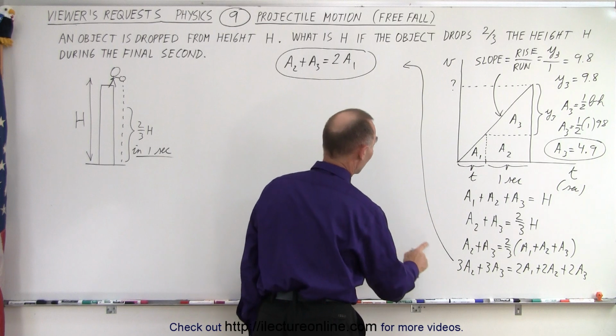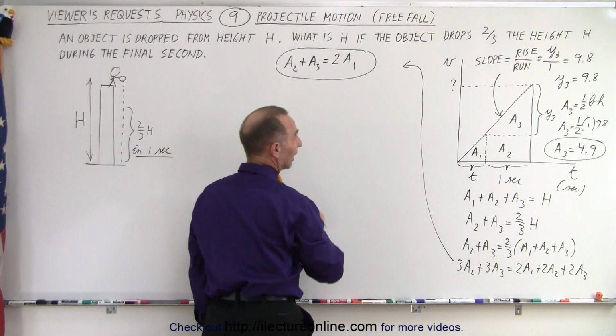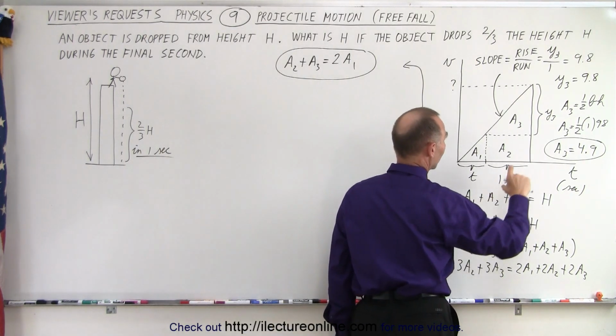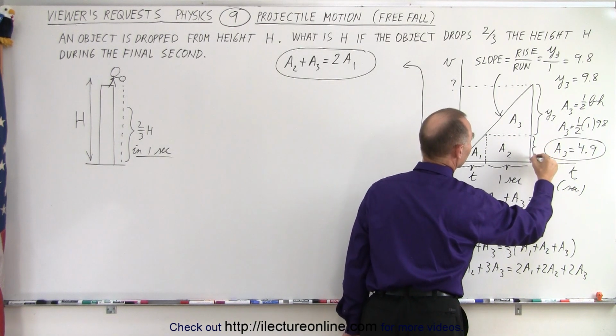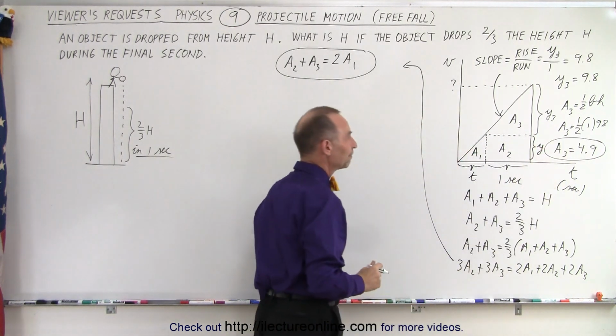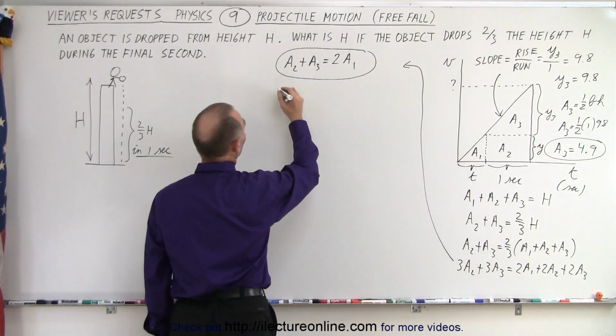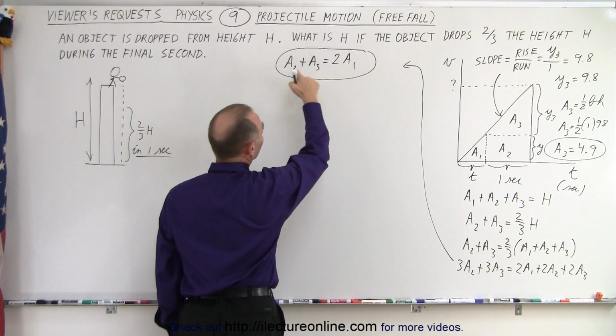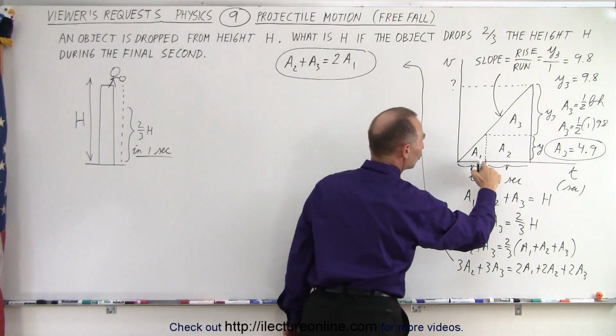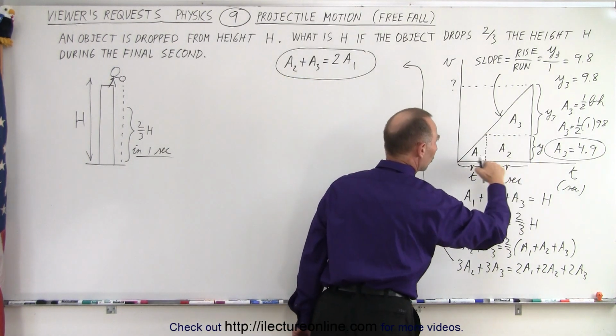So now let's go back to this equation and notice that, well, we'll call this y. The height is equal to y. All right, so A1 will be half the base times the height, so that's this one right here. A2 will be equal to the height times the width.